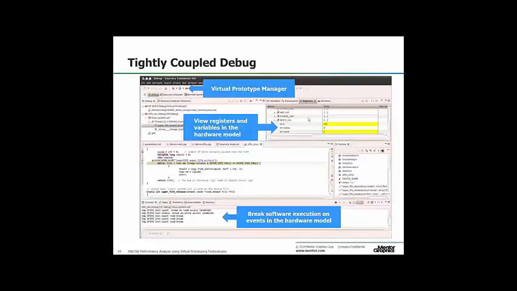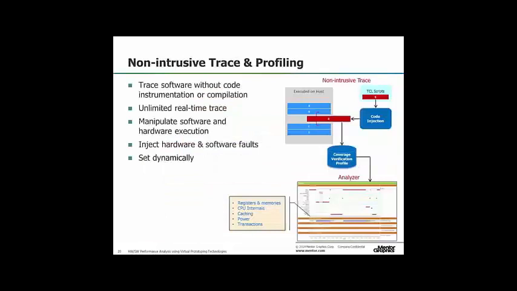As well as setting breakpoints on the software code, you should also be able to set breakpoints on the hardware. So when a hardware register changes, you need to be able to break and understand the state of the system. That gives you extra facilities and extra value that you wouldn't achieve if you were just using real hardware.